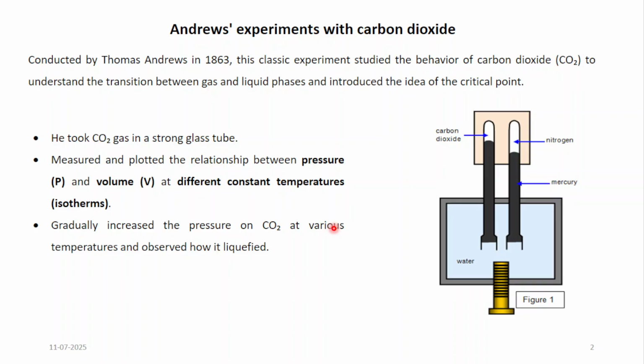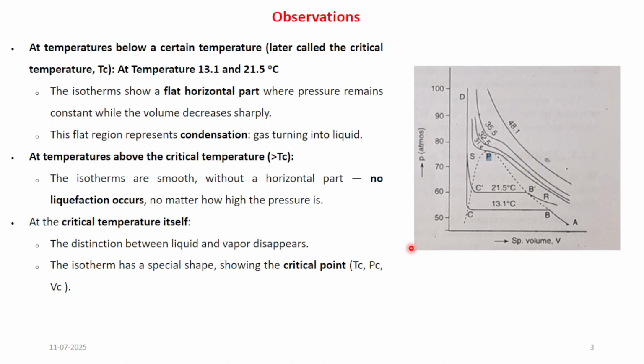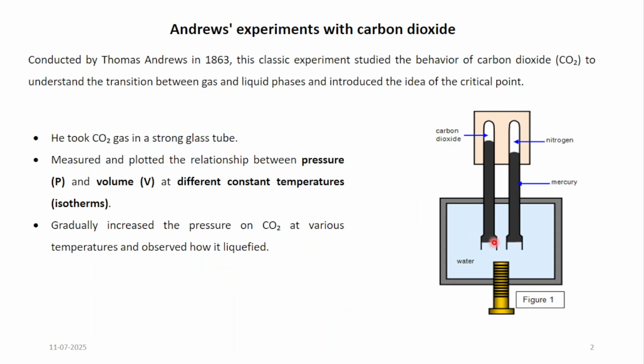He took carbon dioxide gas in the strong glass tube, and then he increased the pressure and obtained a graph. He plotted a graph of P versus V. In a simple way, he kept on increasing the pressure till the carbon dioxide vapor phase got converted to liquid phase.